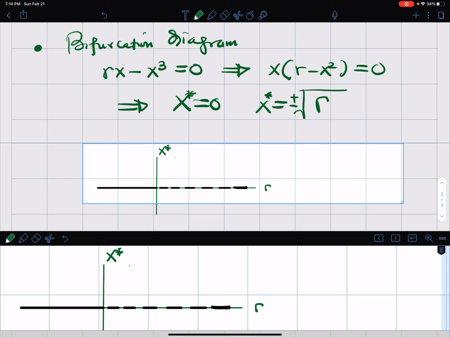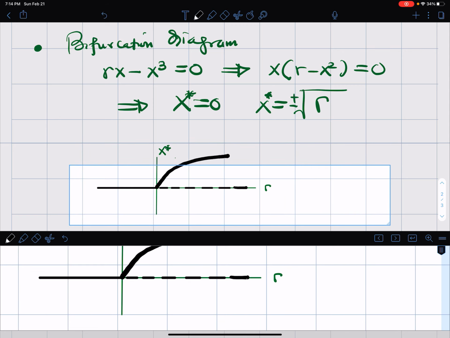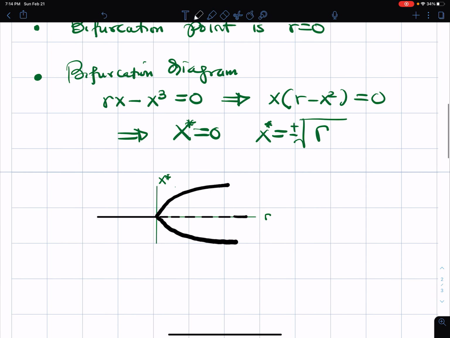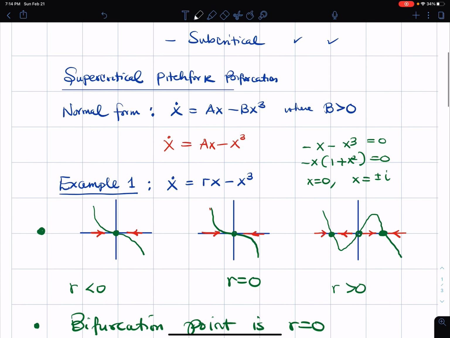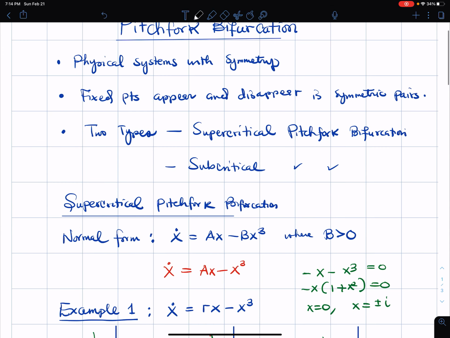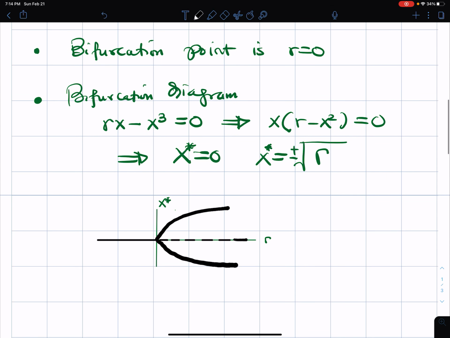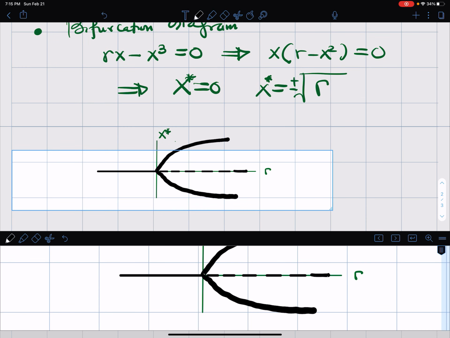So we have this, and then we have that. So that's our bifurcation diagram, okay? And you can see why it's called pitchfork bifurcation. This is a supercritical pitchfork bifurcation, where a stable fixed point bifurcates into two stable fixed points.